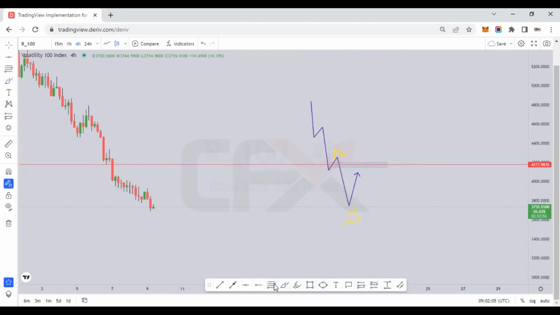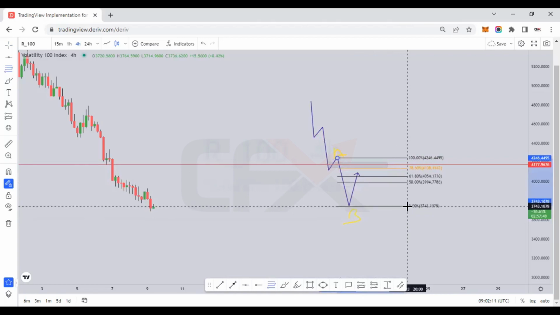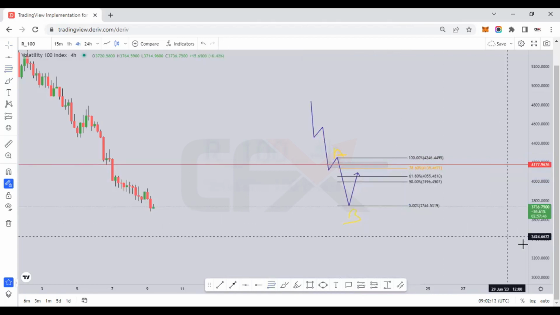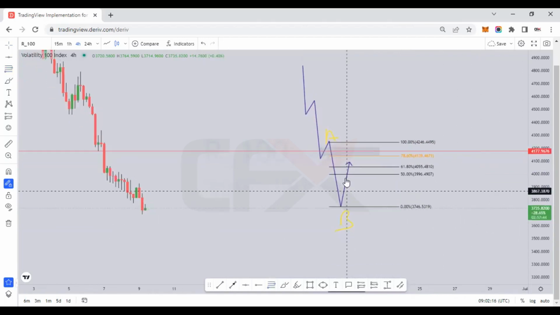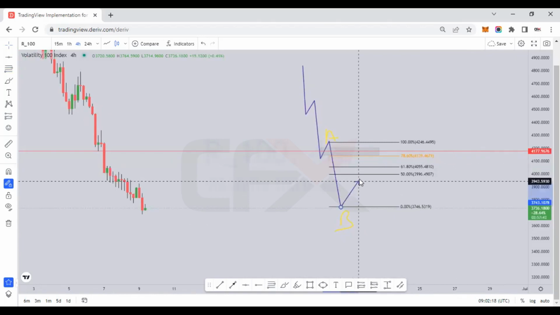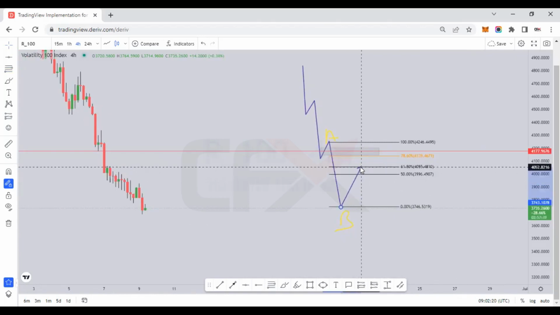So let's apply. Take our Fibonacci, start from point A, and go all the way down to point B, like this. Now we have the Fibonacci levels. This is the 50%, this is 618, and this is 786.